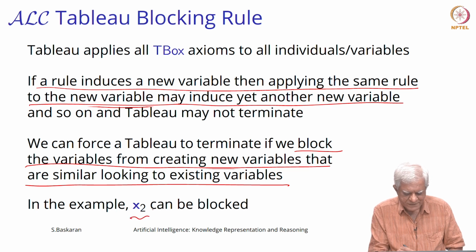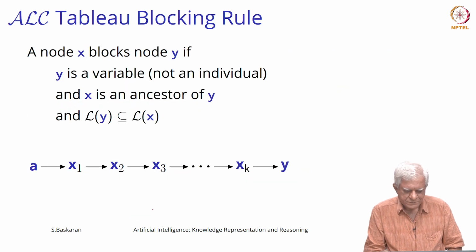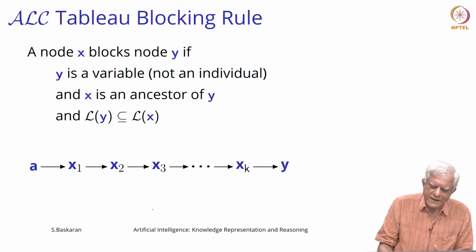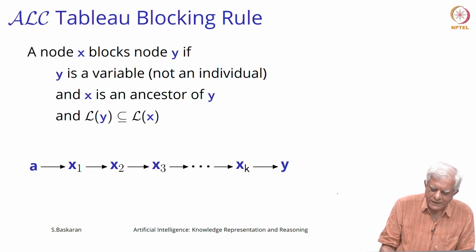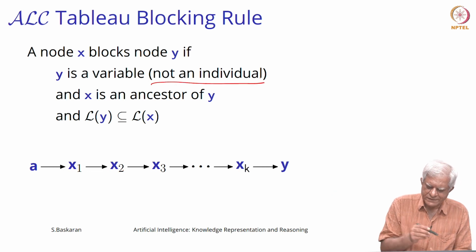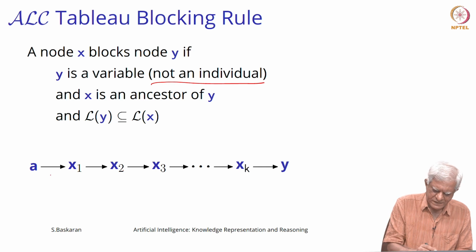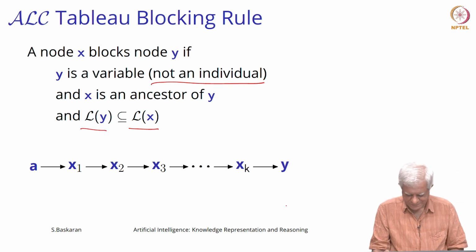So, in this example x2 can be blocked. A node x blocks node y if y is a variable and not an individual, it cannot be a constant, and x is the ancestor of y and the label set of y is contained in the label set of x.